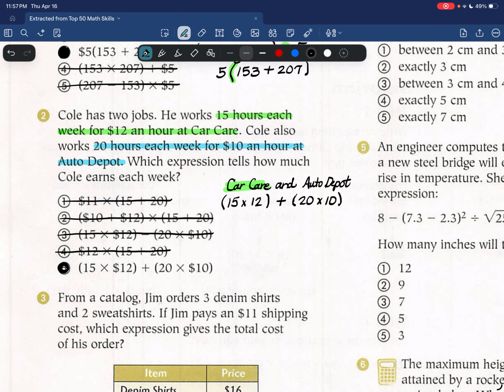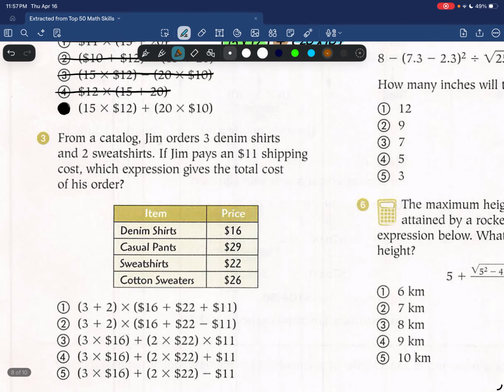And that's the answer we want. And I forgot to make that blue. There's Auto Depot, there's car care, and there's the word and. That little word and is so important. Number 3.